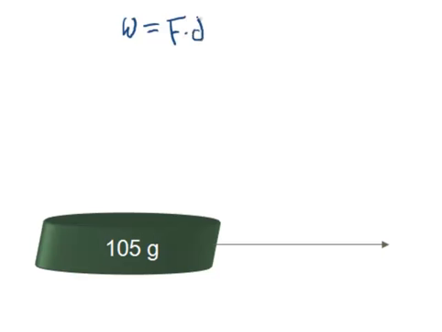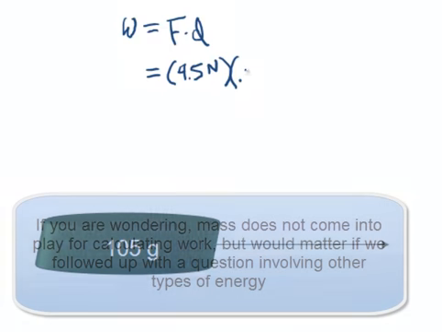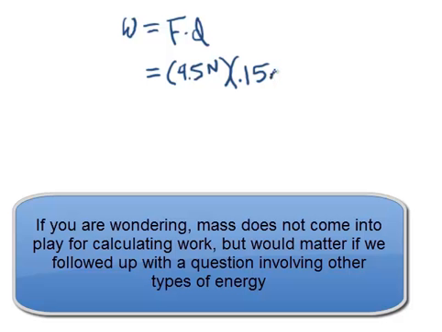And these two numbers were both given to us in the problem. The force that the player exerted on the puck was 4.5 newtons. And the distance over which he exerted that force was 0.15 meters. And multiplication of these two numbers gives us 0.675.